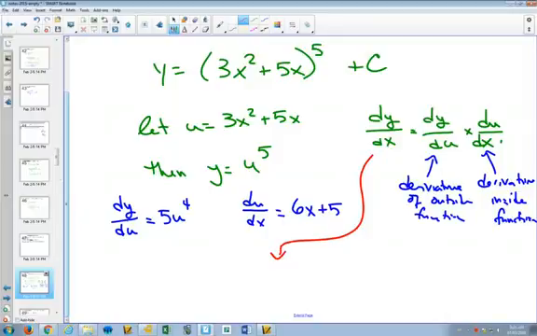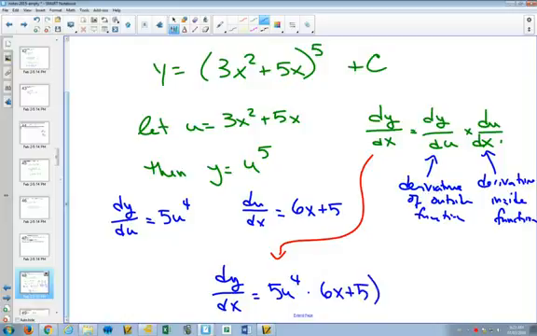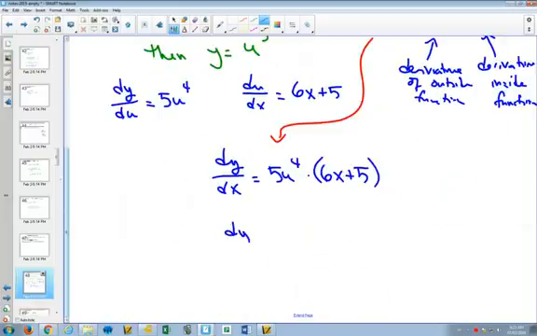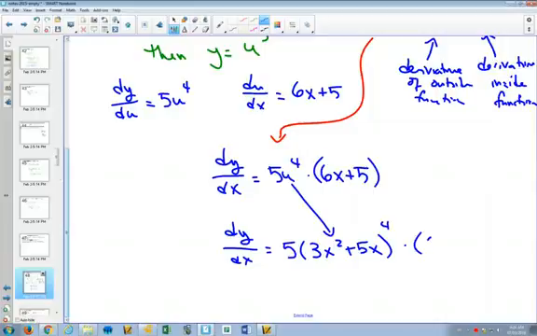Using the definition of the chain rule, we can write out, therefore, dy/dx is equal to dy/du, which we figured out here, 5u to the 4, and du/dx is right there, 6x plus 5. And now that we've found that, we can substitute 3x squared plus 5x back in for u and get the answer.